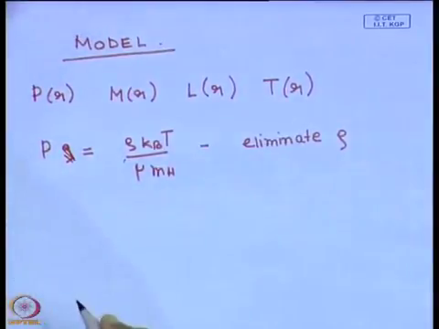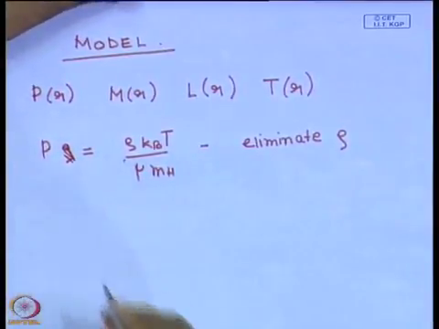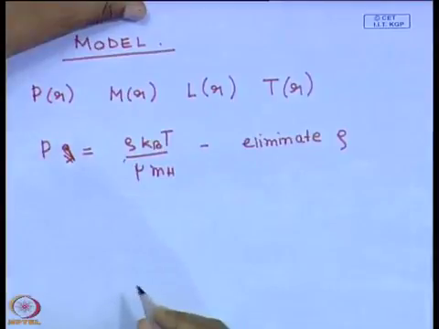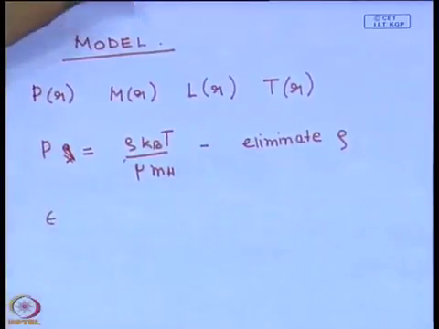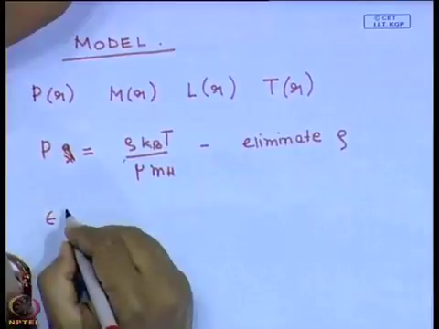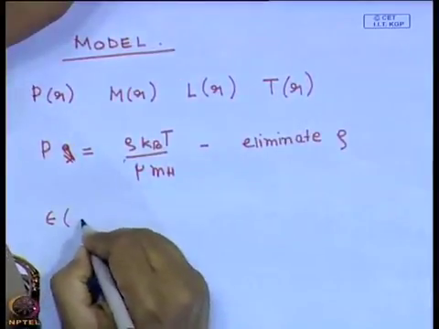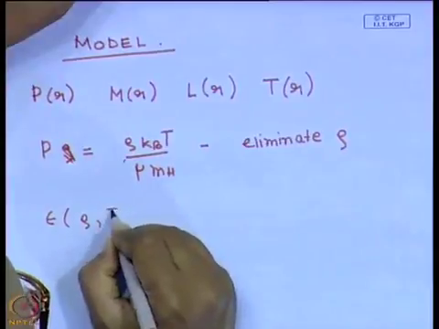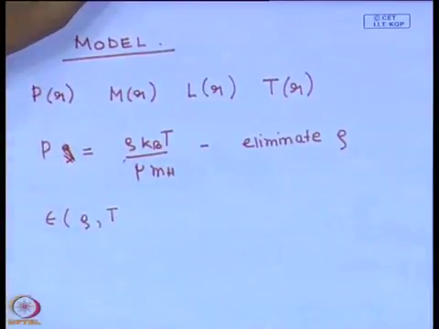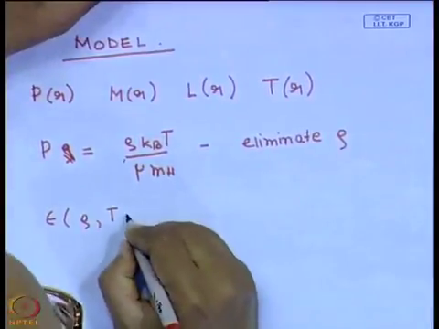Okay. We also have to externally specify the energy generation rate epsilon, which we have seen depends on the density, the temperature, and also on the composition.